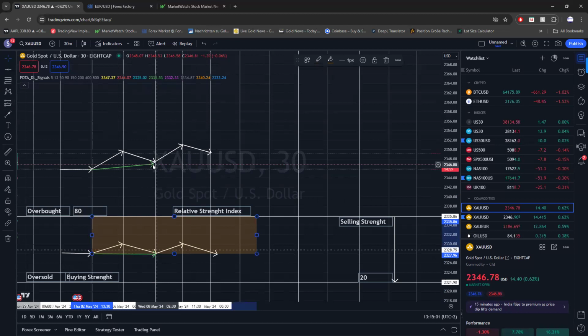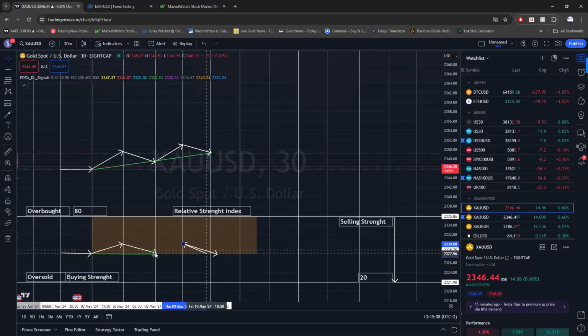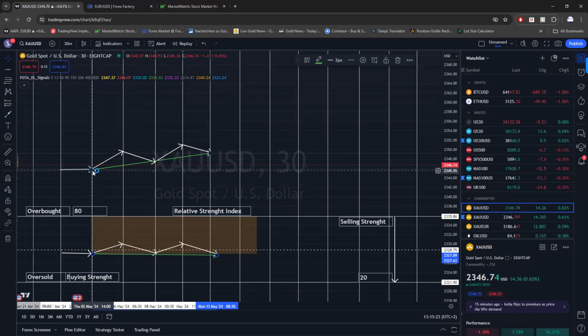If we connect these 2 points, and connect the green one on the RSI to this, we see that we have the same buying strength as before, in the beginning, when the shoe was just $50.